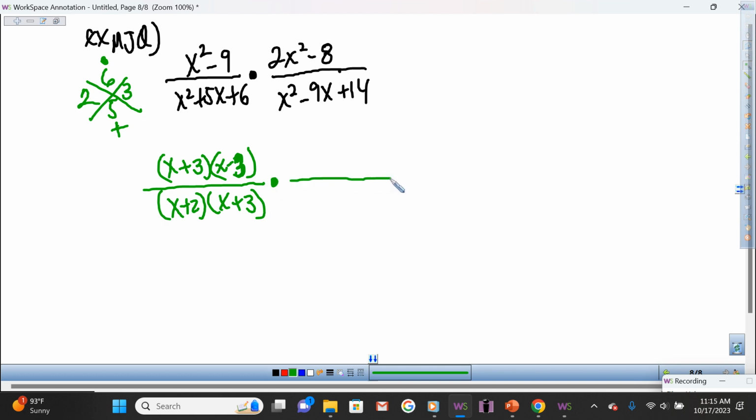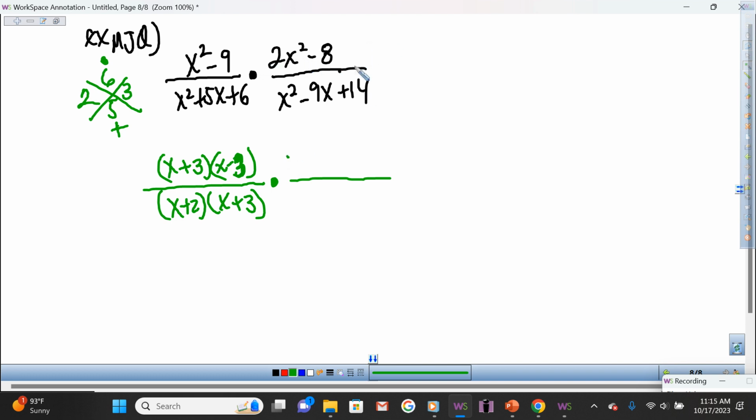Look at the second numerator. All right, factor. All right, first thing we check is what? Standard form, then GCF. What is GCF? 2.